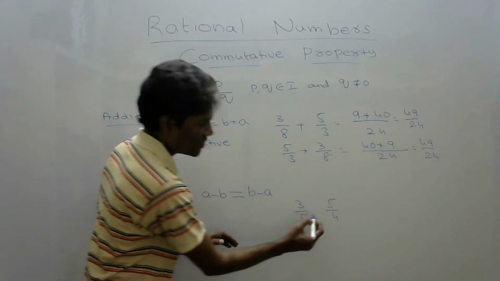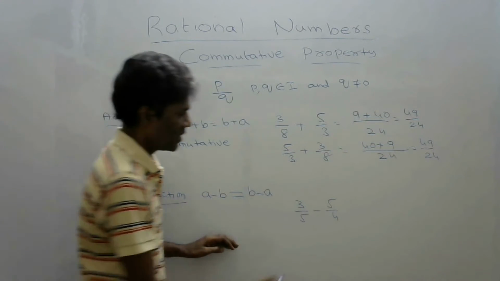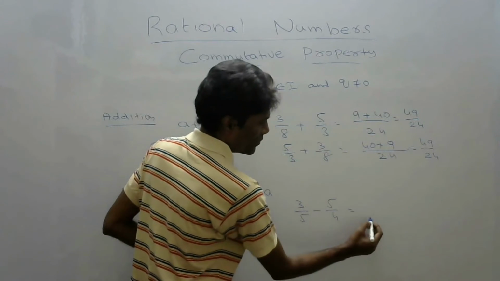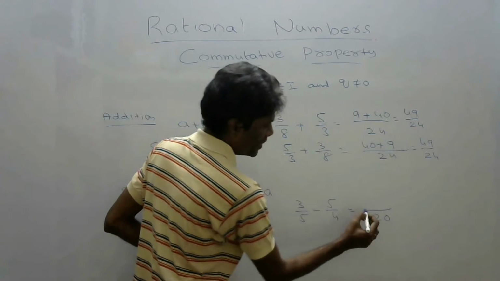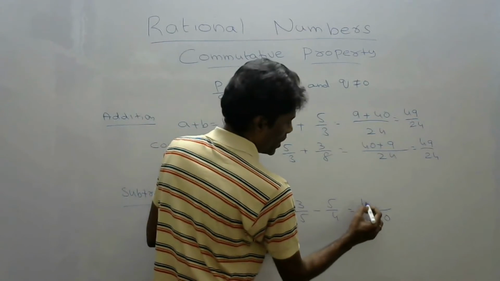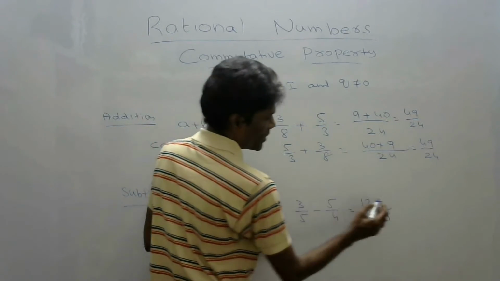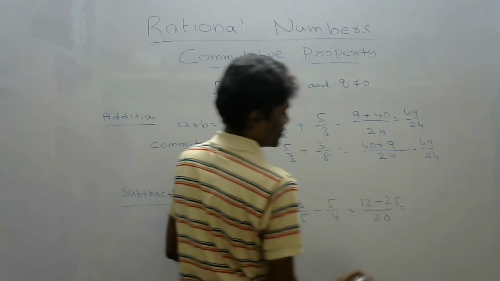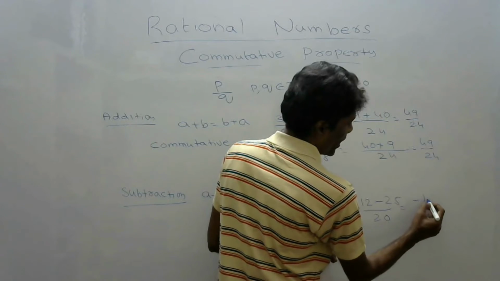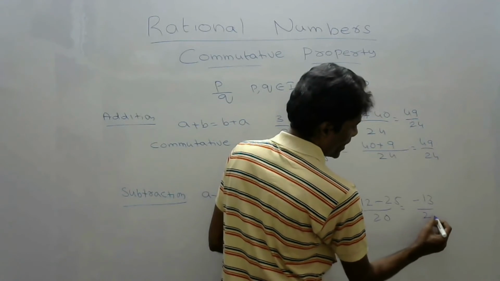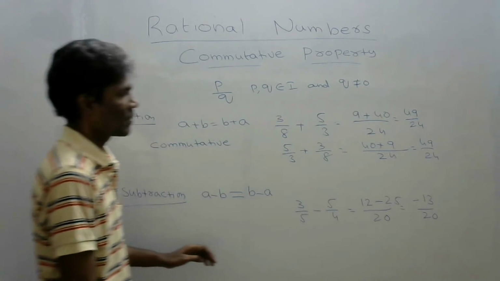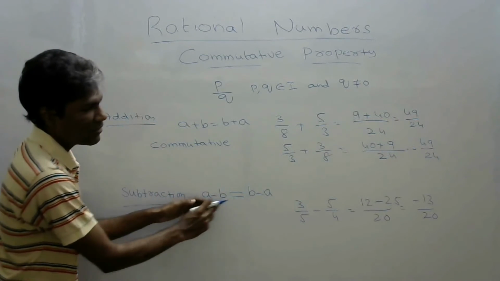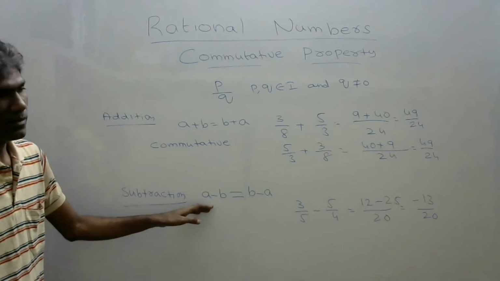Let us do subtraction. The LCM of 5 and 4 will be 20. 12 minus 5 fives are 25. This is 12 minus 25, minus 13 by 20. So a minus b we got as minus 13 by 20.